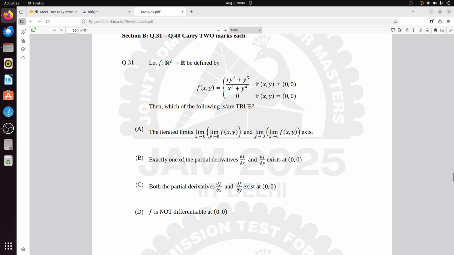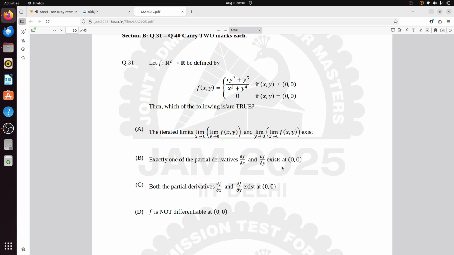Next, exactly one of the partial derivatives exists at 0, 0. Now we need to solve for the partial derivatives. Both partial derivatives exist, and they are 0 and 0.